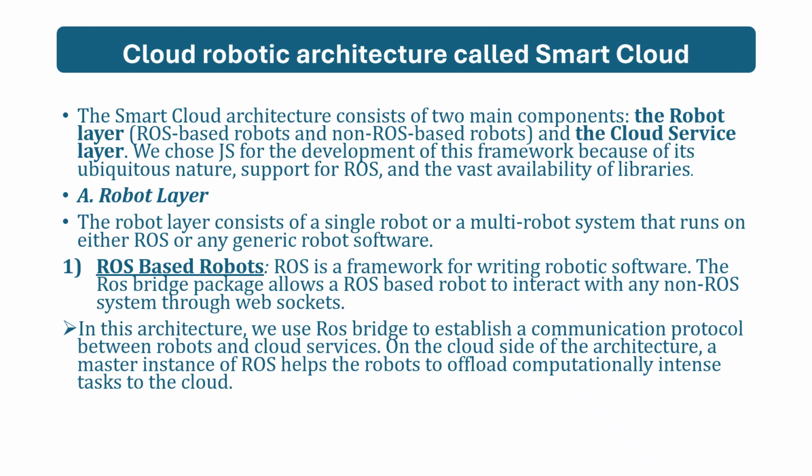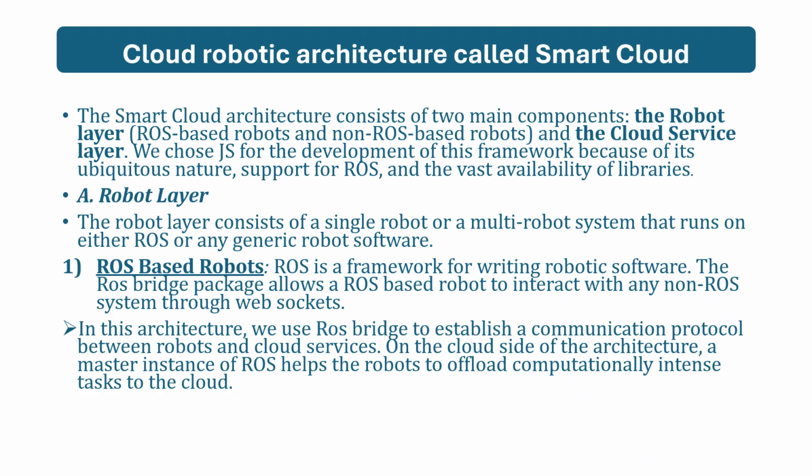And on the cloud architecture, there is a master instance of ROS, which is called the ROS instance, and it helps robots to offload the computations. Whatever tasks are given to the robots, the tasks are given as an input signal to the cloud with the help of the ROS instance. Clear? I hope you understood it.